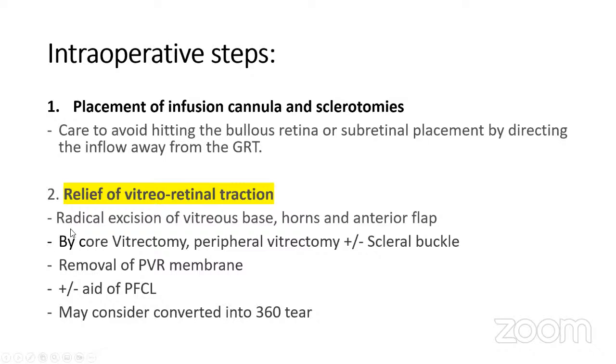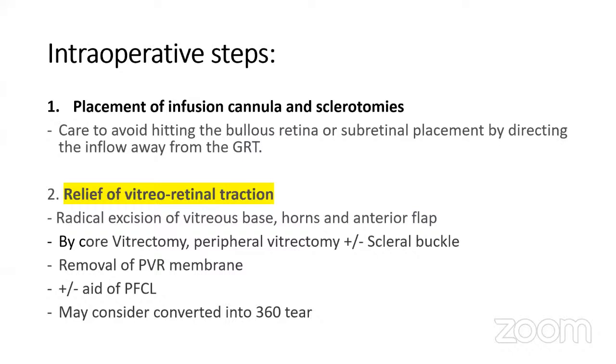To complete the extensive removal of the vitreous base, we can actually help with the scleral buckle, as well as by scleral indentation. To mobilize, sometimes we need to inject heavy liquid to help immobilize the mobile retina to aid in the PPE.